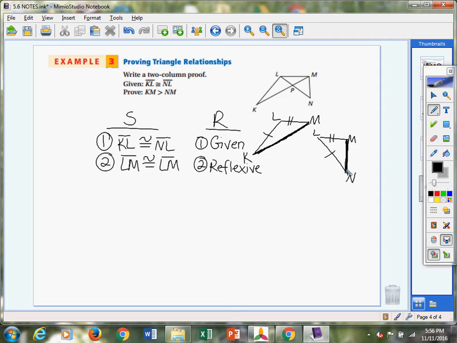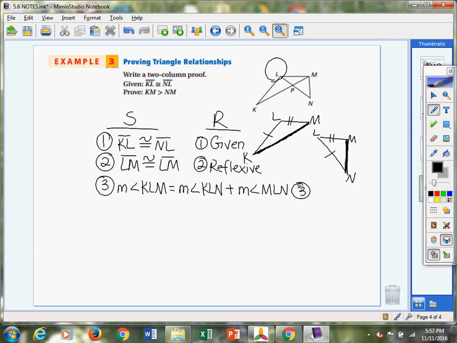But going back to the integrated one, you can see that at angle L right here, we can use the angle addition postulate and show that the measure of angle KLM, the big angle, is equal to the measure of angle KLN plus the measure of MLN.